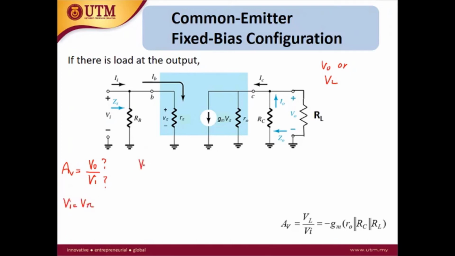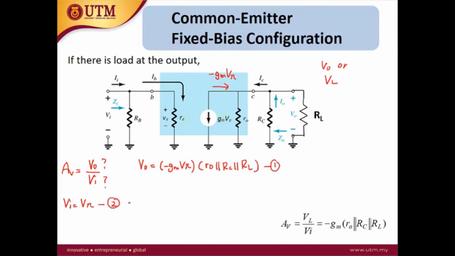How about V out? V out is a similar approach. The current here is minus Gm V pi. So we combine R node, RC and RL to become one resistance. The current across this total resistance is minus Gm V pi. So we have minus Gm V pi times R node parallel with RC parallel with RL. This is the first equation.